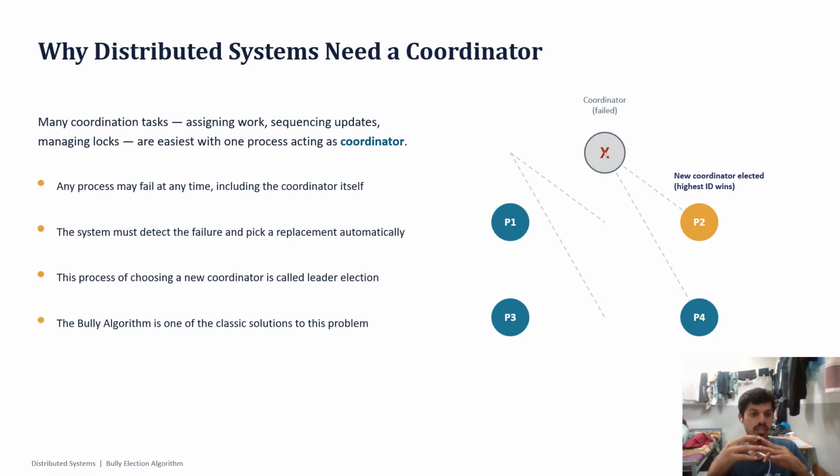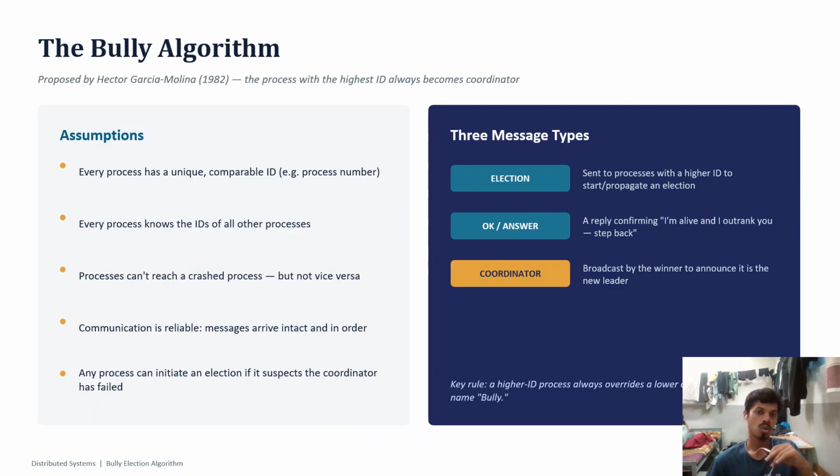Automatically. The process of choosing a new coordinator is called leader election, and the Bully algorithm is one of the classic solutions. So let's take a look at what the Bully algorithm is. The Bully algorithm was proposed by Hector Garcia-Molina in 1982.